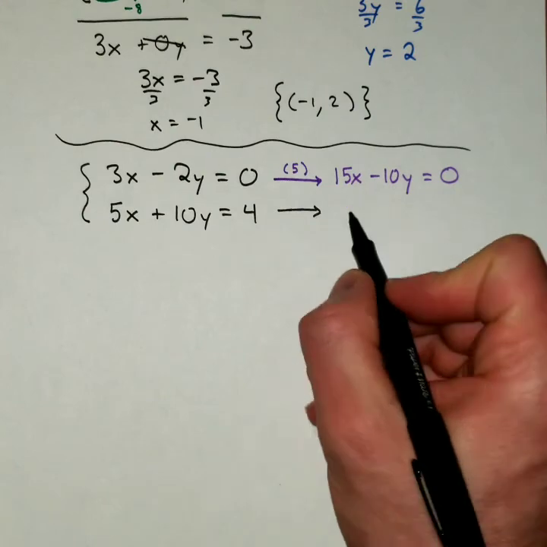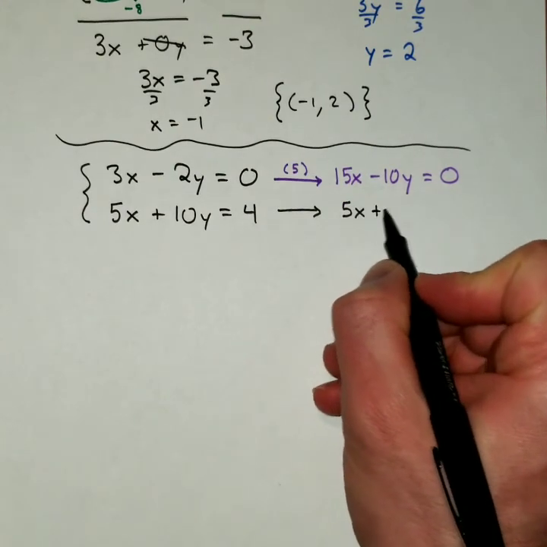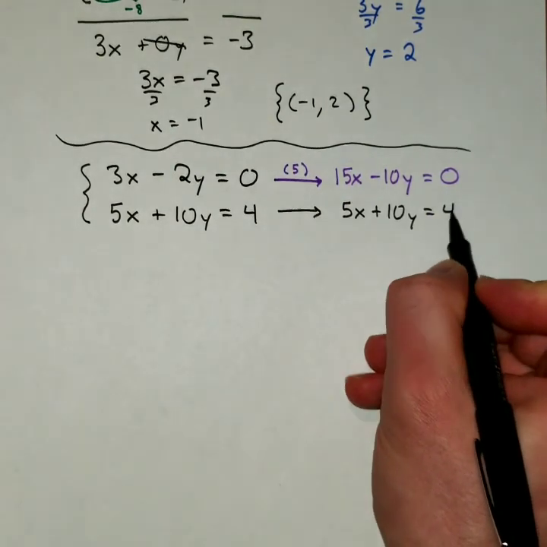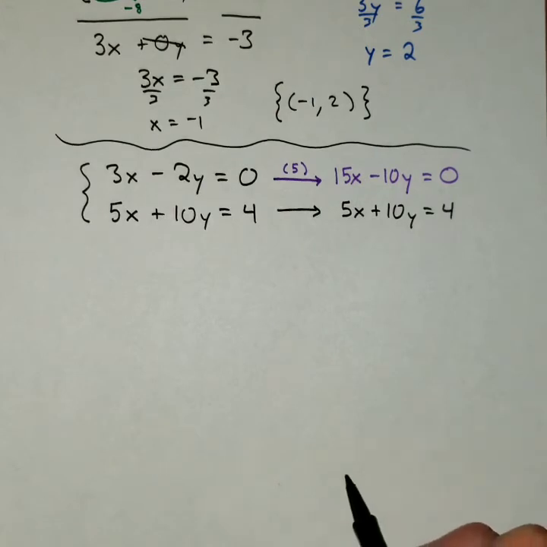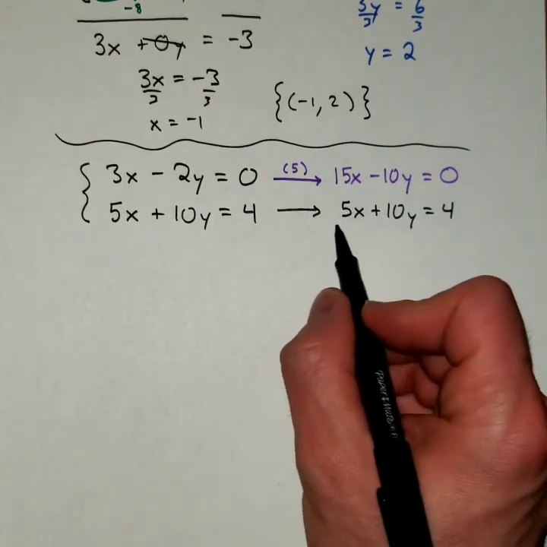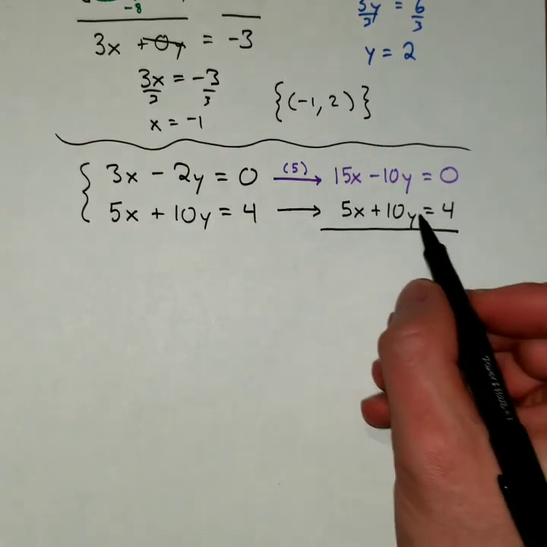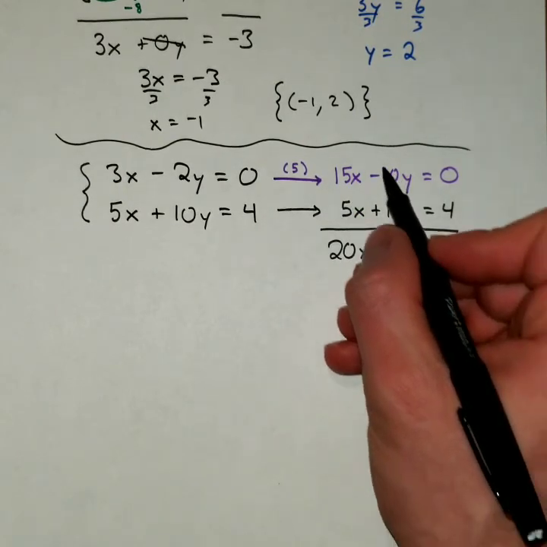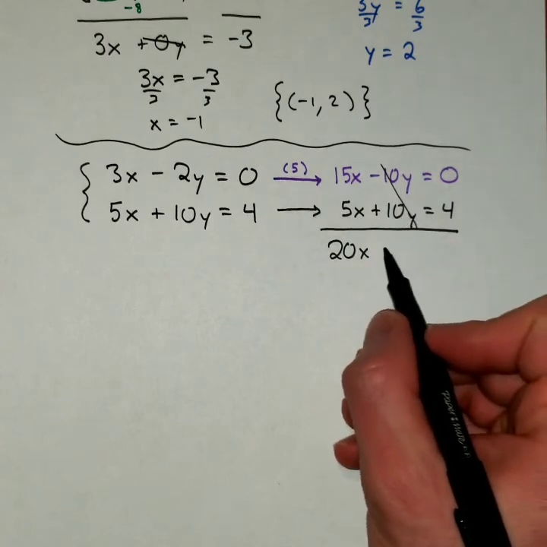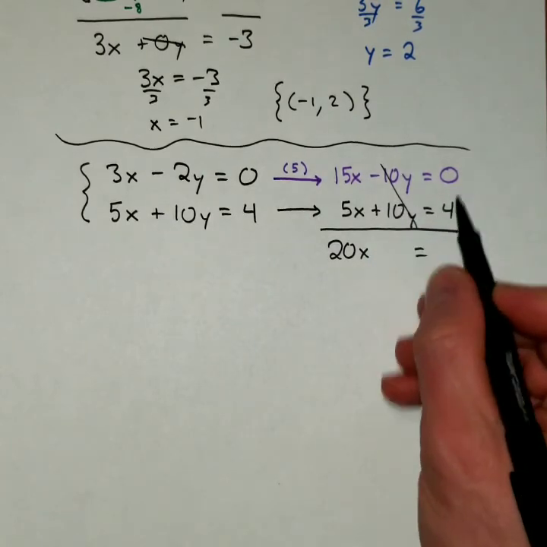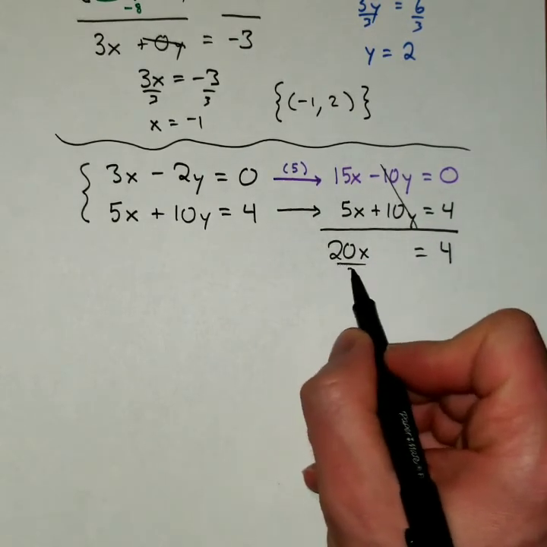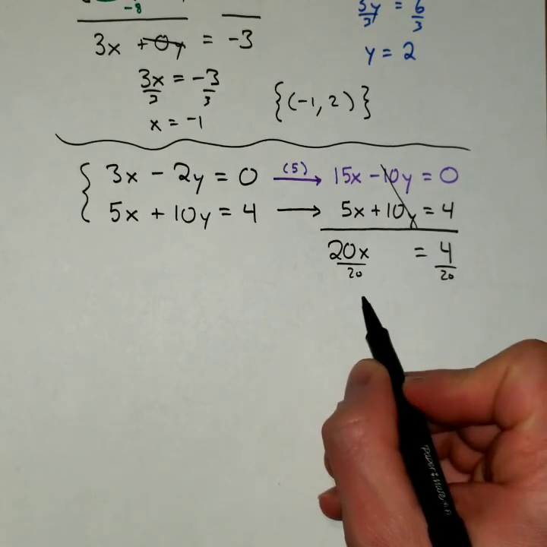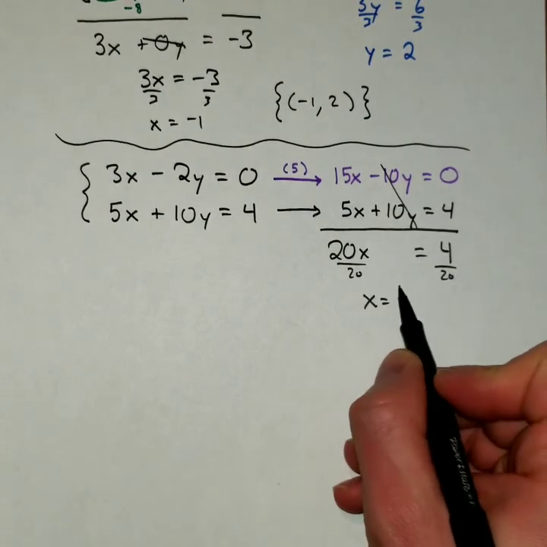Doesn't change. That's 5x plus 10y equals 4. And now when I add those together, you'll find a 20x, but you'll also find that the y's drop out now. They're opposite coefficients. On the other side I get a 4. If I divide out the 20, x is going to equal 4 over 20, which is 1/5.